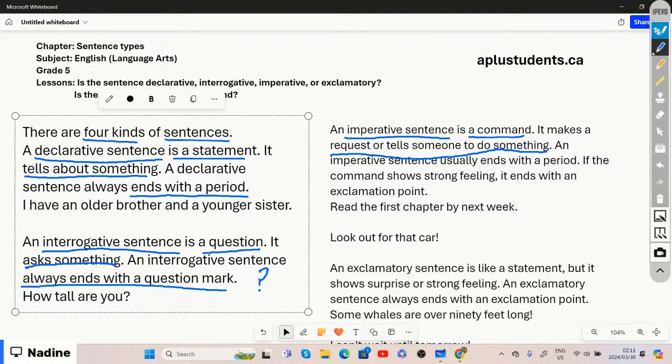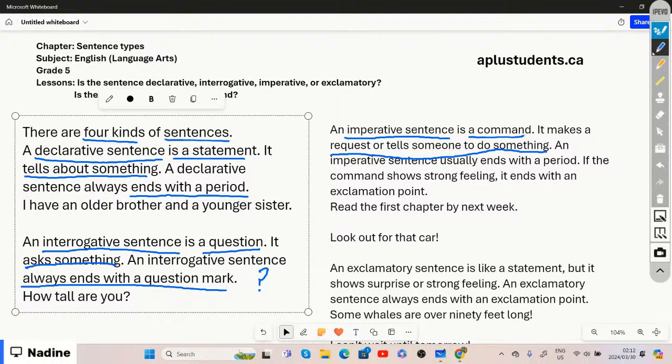It's like saying, some whales are over 90 feet long. You're not just going to say it flatly. If you know that some whales are over 90 feet long, you would be like, "Oh, some whales are over 90 feet long!" You're showing surprise, a strong feeling like wow. So that is an exclamatory sentence.